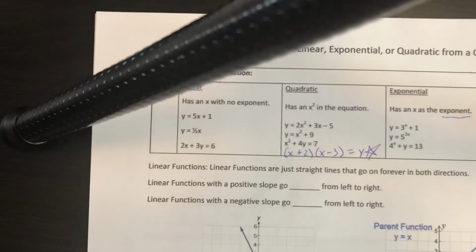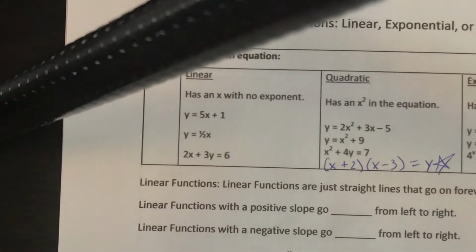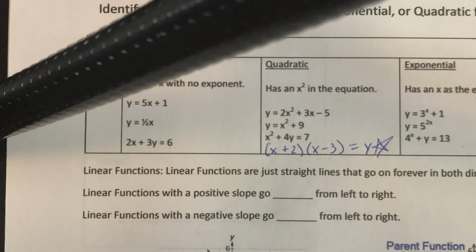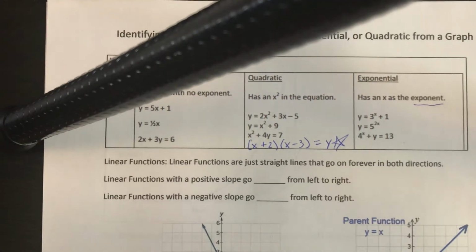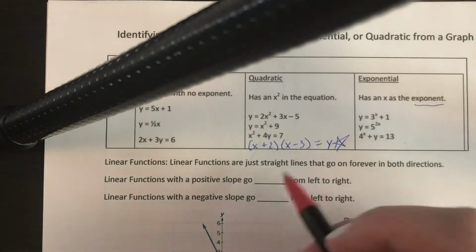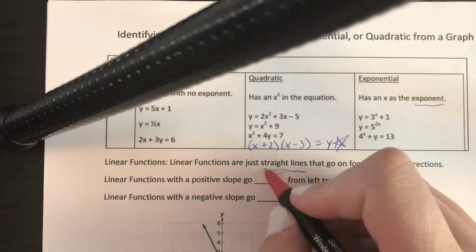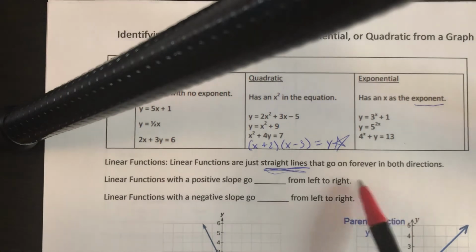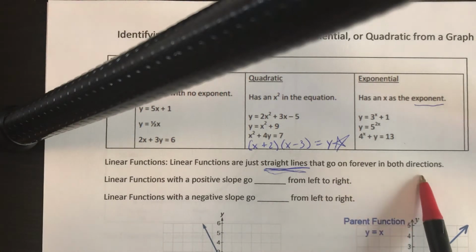I just kind of wanted to go over what they look like in equation form first. Then the next part, we're going to talk about linear functions in a graph. Linear functions are just straight lines that will go on forever in both directions.